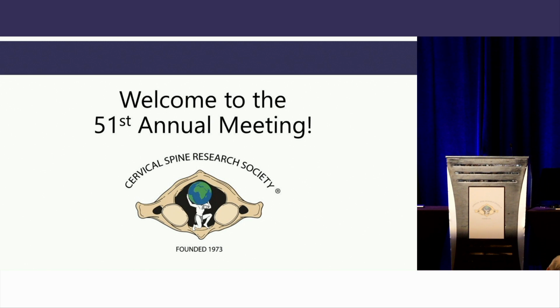But disc height and uncovertebral arthritis, I feel better about doing an arthroplasty, but I do that operation differently than I would for a soft disc herniation because I do really spend a lot of time getting out with a Kerrison and biting out and really making sure on an AP radiograph that we're restoring the uncovertebral height. But yeah, I'm curious to hear what others think.